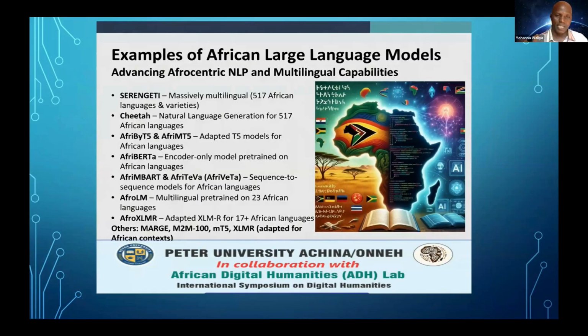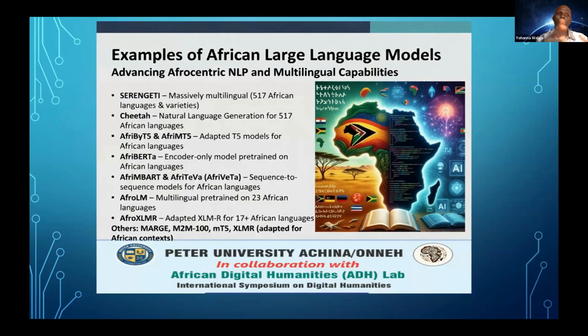So we have all those models that also recognize our languages. But now, most of what we have to discover, that we have to know, is that a lot of African languages are low resource languages, and that is why lack of data and lack of corpora in order to train a machine are limited.